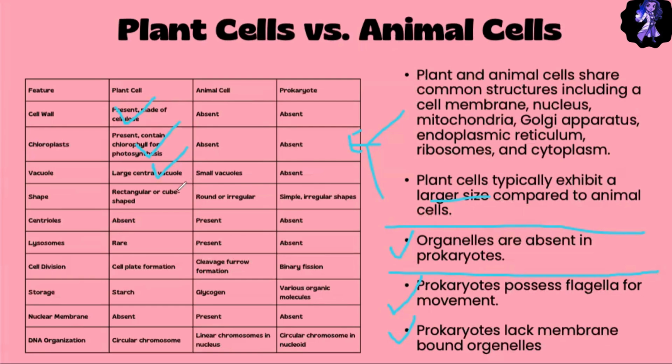And because of this large cell wall-like structure, they tend to be cube in size because it's so rigid. The cell wall makes it more structured, rather than free floating in a circular or weird shape like animal cells.